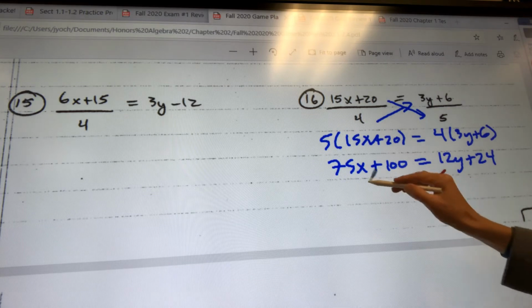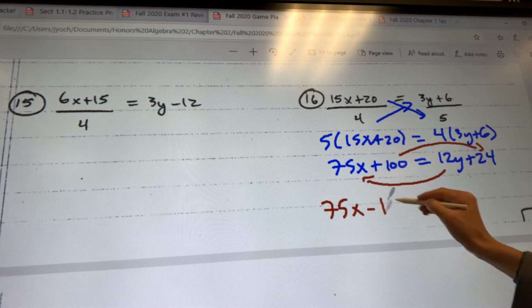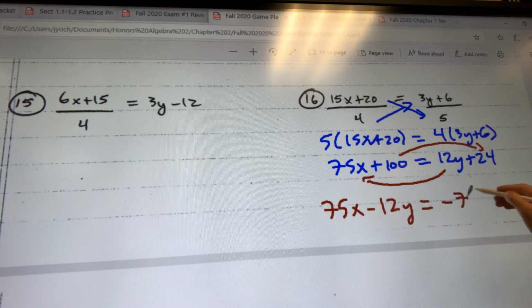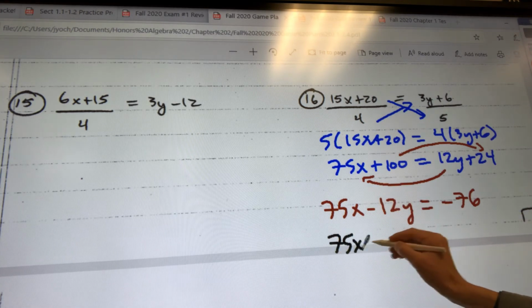Going to move this over, move that over. 75x minus 12y is a negative 76. Cover-up method, 75x is equal to a negative 76.